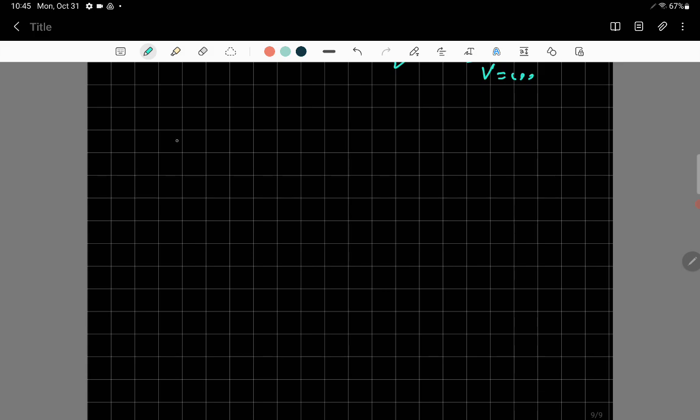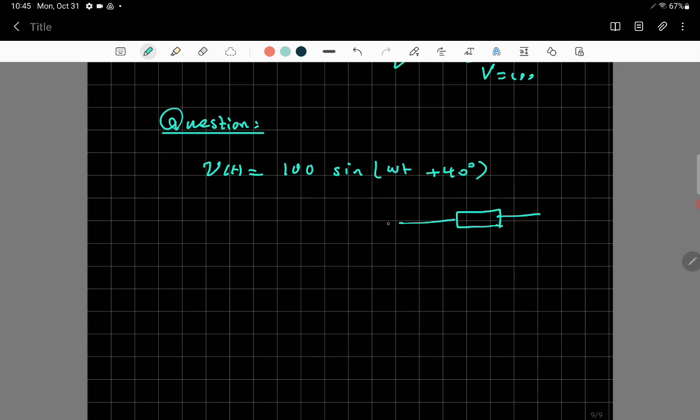Let's say that you have a voltage given as 100 sine omega t plus 40. All right. And this voltage was across an unknown element.